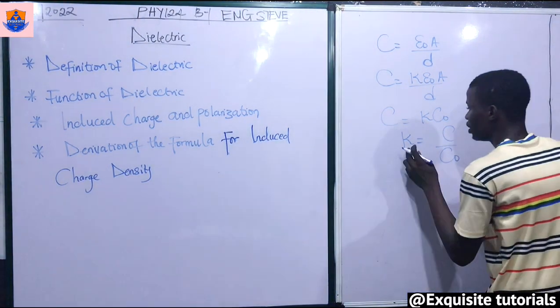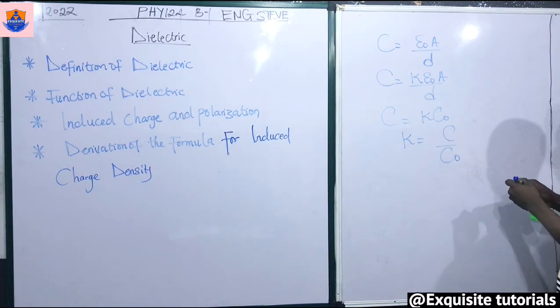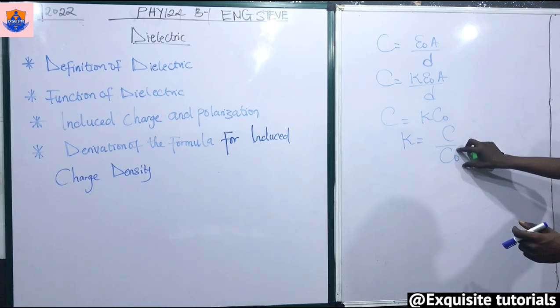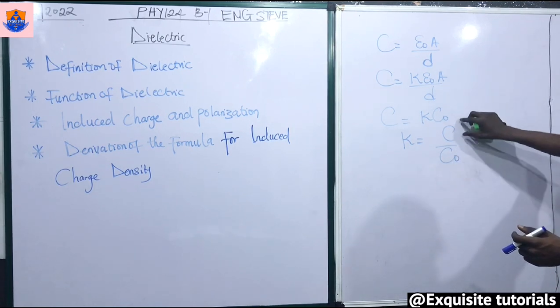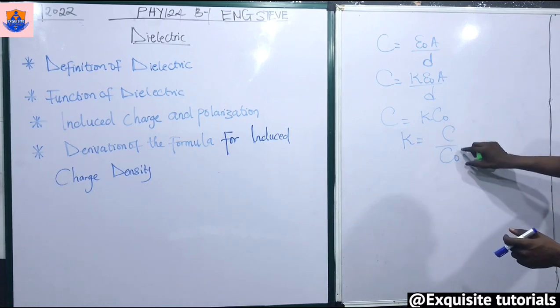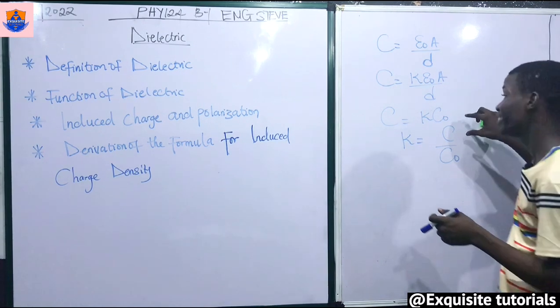So, since K is equal to C over C naught, that is the initial capacitance being this value and the final capacitance being this value, or the capacitance for space being this and the capacitance for the material being this.